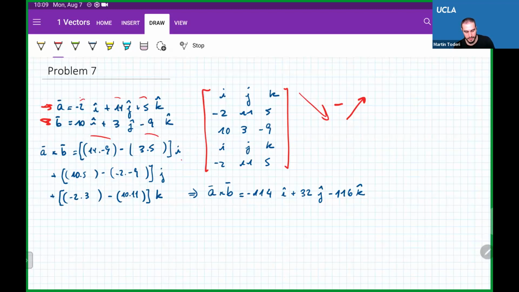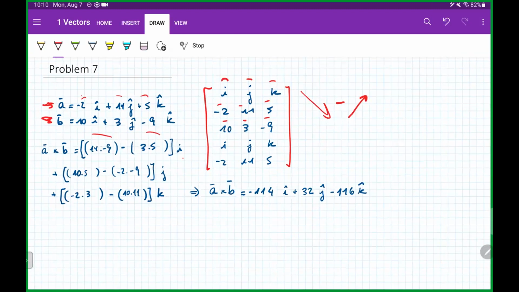There are different ways to do this, but basically what you do is write the matrix composed by the vectors I, J, K, that's here, and then we have each one of the components written here, here, here, and here. So then you write again I, J, K, and then the components of the first vector.